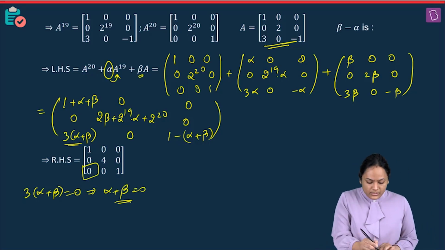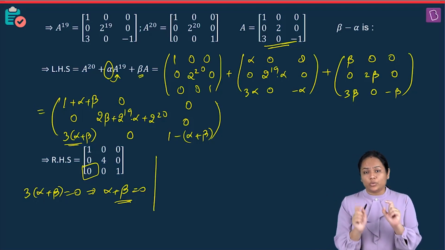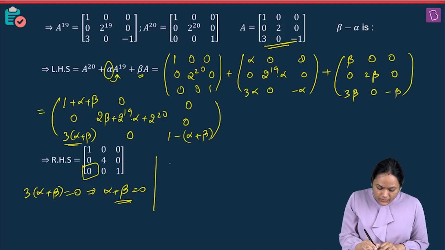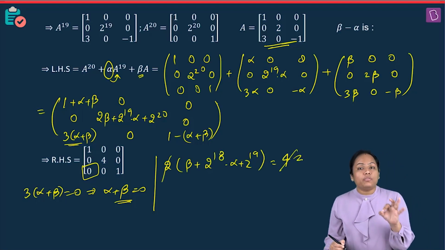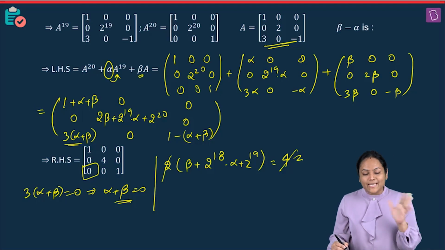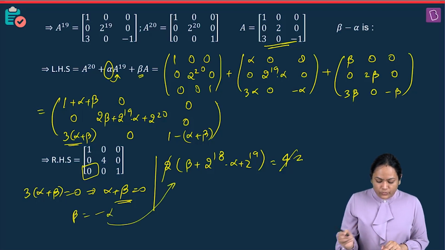First relation is this. And similarly, if I compare my A22, the middle element, that is 2 multiplied by beta plus 2 raised to 18 into alpha plus 2 raised to 19 is equal to 4. So this 2 got cancelled out. And in place of beta, I'm writing minus alpha and substituting over here.